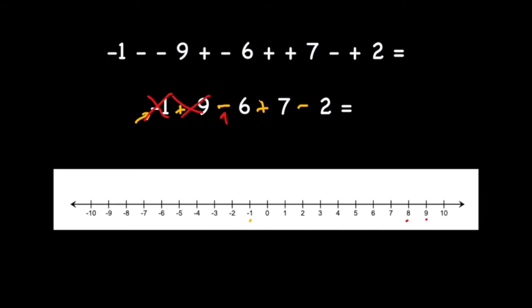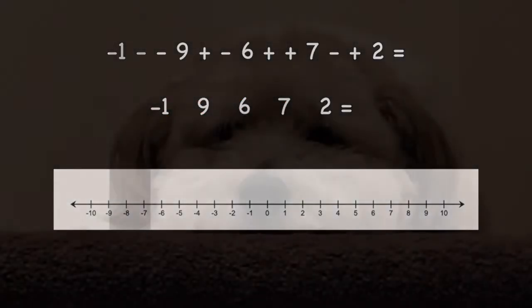Next sign, minus, look to the left. We move 6 digits to the left, and that puts us at +2. Next, look to the right and we move 7 digits to the right. That puts us at +9. Finally, we look to the left and we move 2 digits to the left, and that puts us at a final location of +7, and that is our answer.